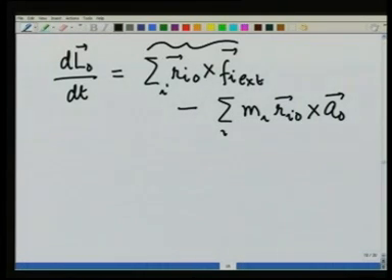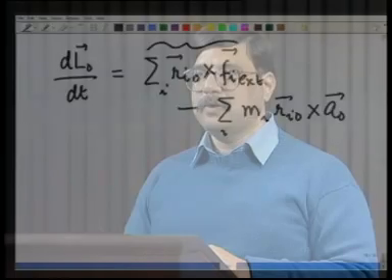This by definition is the external torque with respect to point O, no matter what the point O is doing.